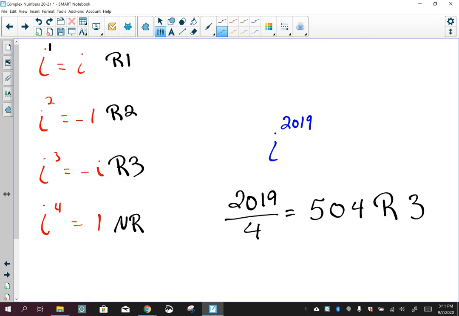So if this had been like 2020 divided by 4, I would have no remainder, so my answer would be 1. But because this has a remainder of 3, i to the 2019 is going to be -i as your answer. So again, there's only 4 possibilities. So when you see this right here, take it, divide it by the 4, and then whatever the remainder is, that will be your answer to this problem.